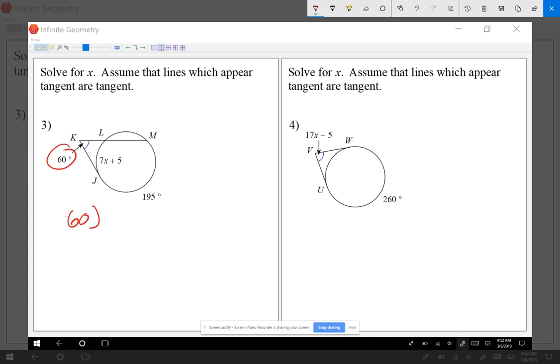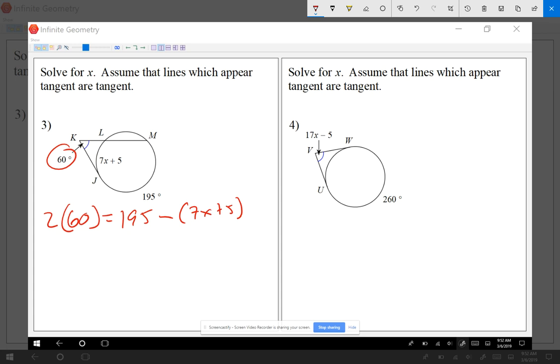So I'm going to go 60 times 2 because I have to multiply the angle times 2 equals, I notice the big arc is 195, right? I'm looking at lengthwise. The big arc is 195 minus, now because the little arc has a plus in between it, I'm going to put it inside parentheses. Because the little arc had a plus or a minus.